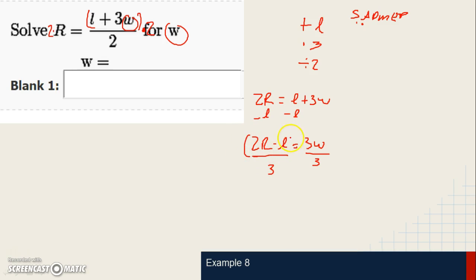Again, this implies that this is in parentheses, so when I type it in, 2r minus L divided by 3, order of operations tells me to do L divided by 3 first. I don't want to do that, so I'm going to put in parentheses to tell me that that is in the numerator.